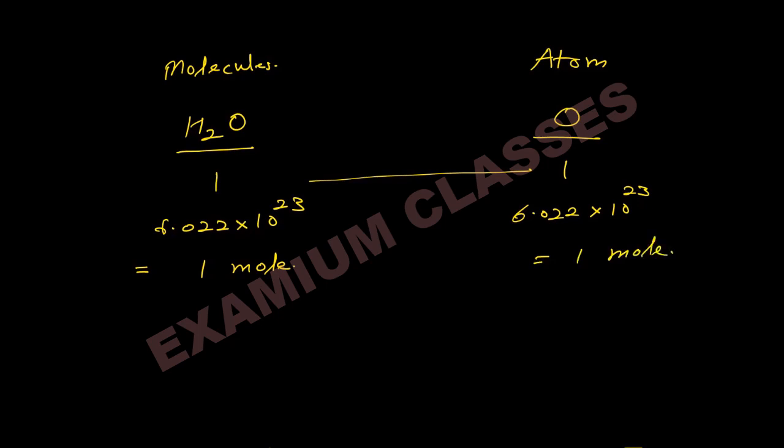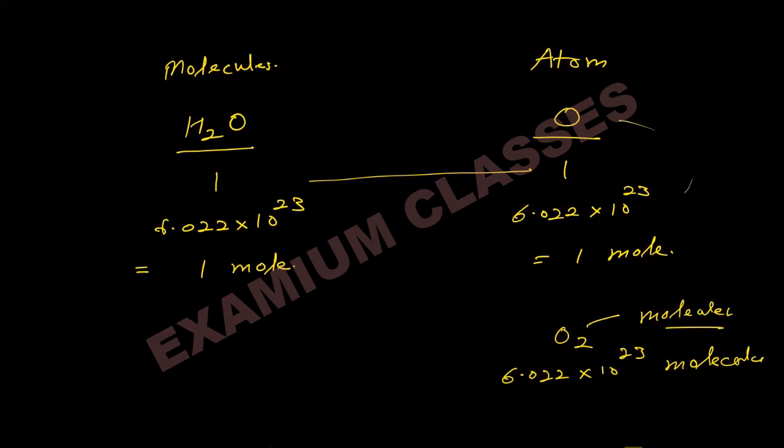The one mole of oxygen atoms will have 6.022 into 10 power 23 atoms. 1 mole of dioxygen will have 6.022 into 10 power 23 molecules, because this one is a molecule, but here we are talking about atoms. So these many atoms will be equal to 1 mole. Here it is molecules, these many molecules will be equal to 1 mole. It means whatever was the ratio of molecule versus atom, that is the ratio of moles also.